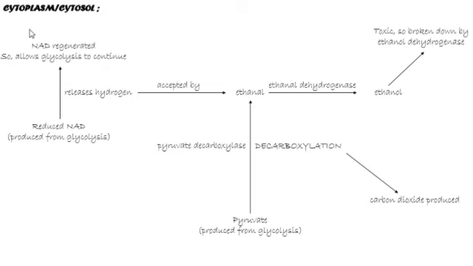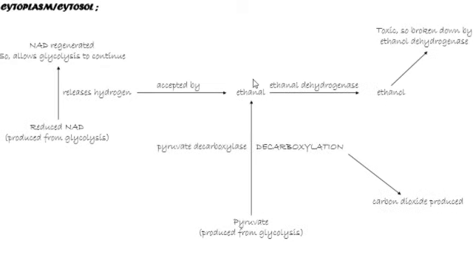Now that you know why the regeneration of NAD is necessary, let's move on to what happens to ethanal once it accepts the hydrogen released by reduced NAD. Looking back at chemistry again, whenever a compound gains or accepts hydrogen, it is said to be reduced, and ethanal is no exception to this rule.